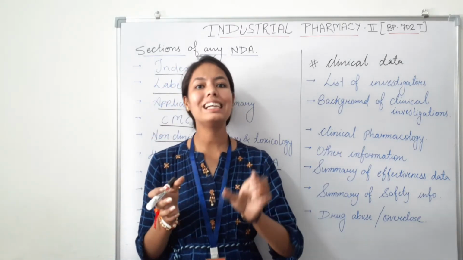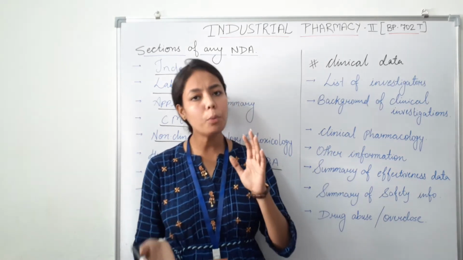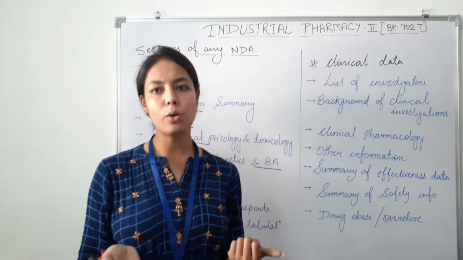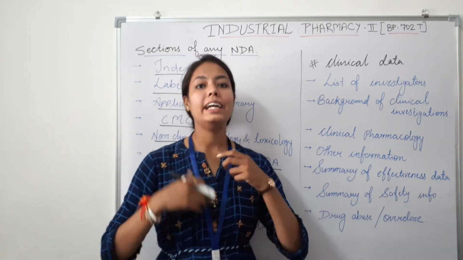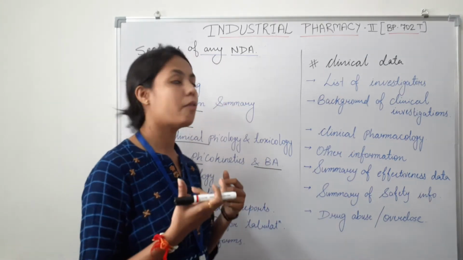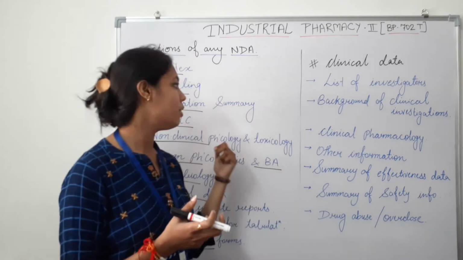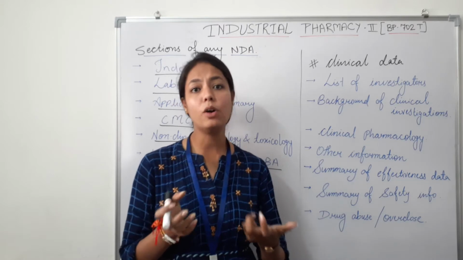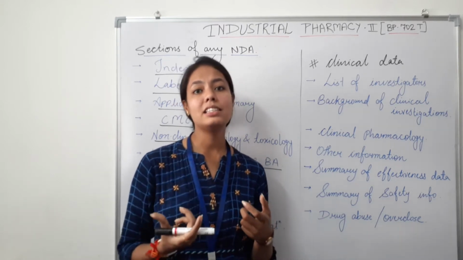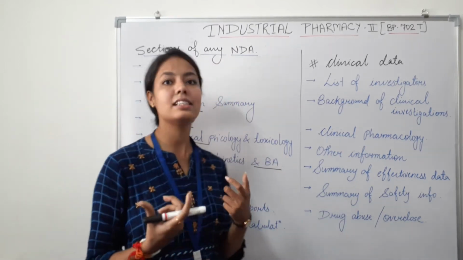The uncontrolled clinical trial may be used as a supporting document to the controlled one, and the uncontrolled data provide critical safety information too. So in clinical pharmacology, basically we talk about the bioavailability as well as the pharmacokinetics section.